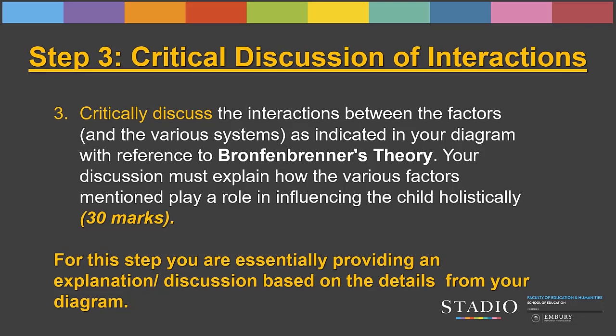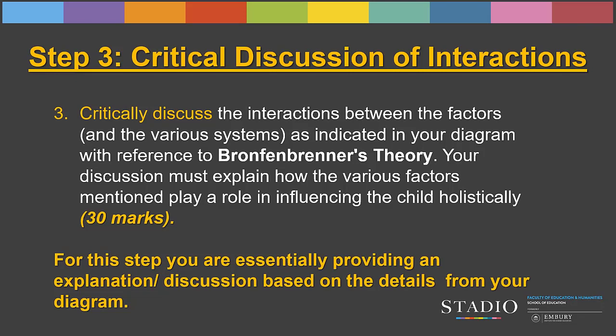We need to look at the important stakeholders or important figures in her life. What are they doing to affect her development and her behavior progression? It's very important for you to look at each one of the systems and each one of the details that you placed in the specific systems, and to think about how these systems interact together. How do these systems influence one another?